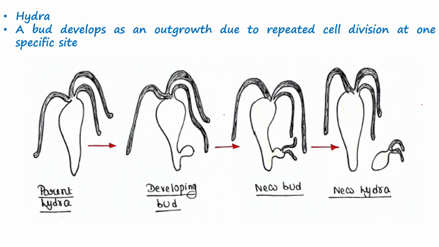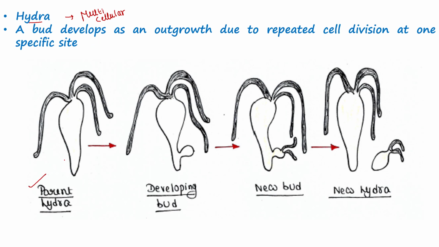Now this type of external budding also occurs in Hydra. Hydra is a multicellular animal, right?